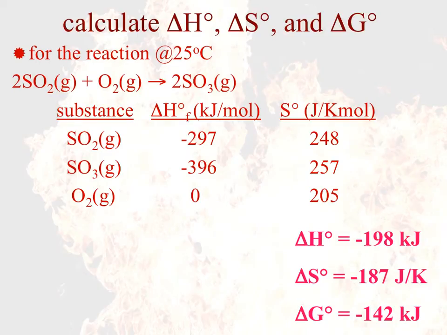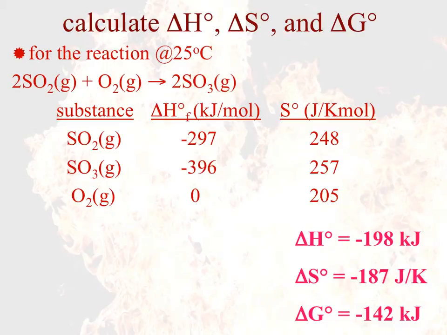Okay, so in the practice problem here, they're asking us to calculate our delta H naught, our delta S naught, and our delta G naught for a specific reaction at a specific temperature, which is 25 degrees C. The reaction that we're dealing with is the following. We have basically these two gases coming together to form a new gaseous product.